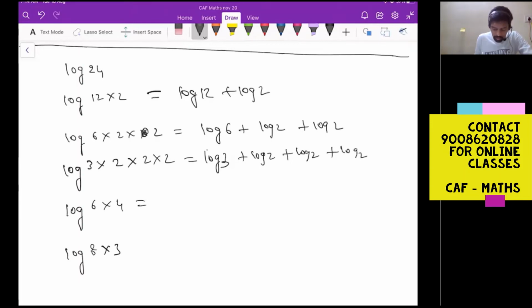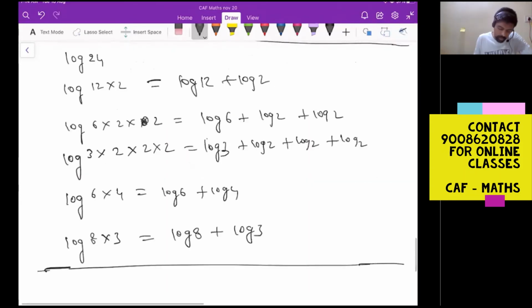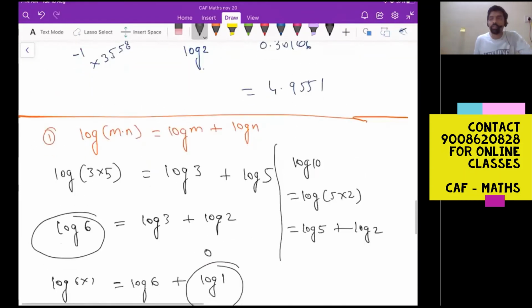Log of 6 into 4 can be written as log of 6 plus log of 4. Log of 8 into 3 can be written as log of 8 plus log of 3. So remember the first property, guys: log of m into n can be written as log m plus log n.